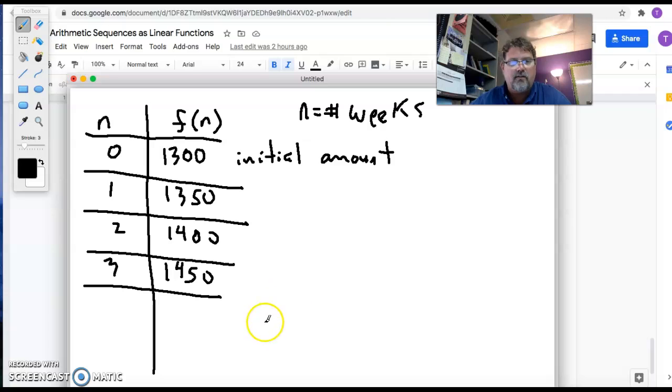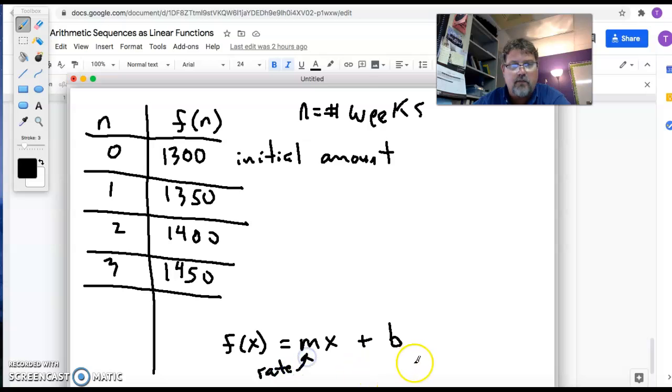And when I teach the f of x, the function stuff, I teach it like this. There's an mx plus b. And m is your rate of change. And b is an initial amount.